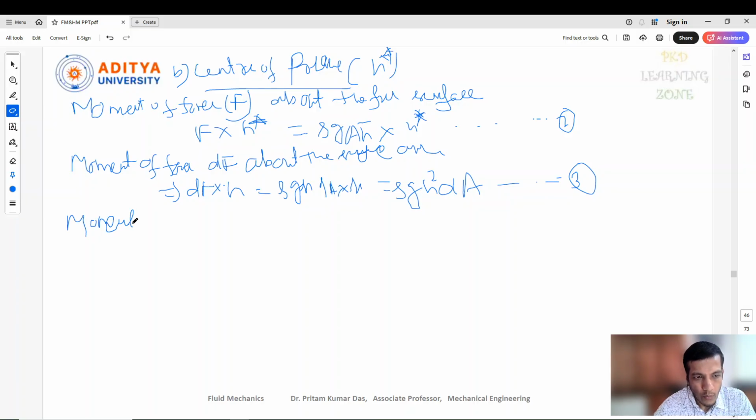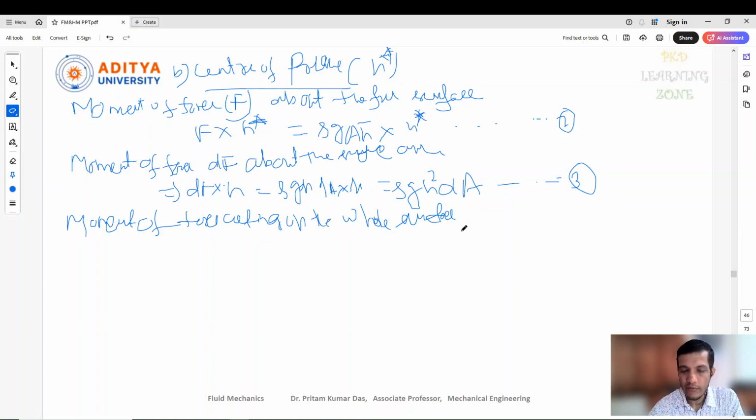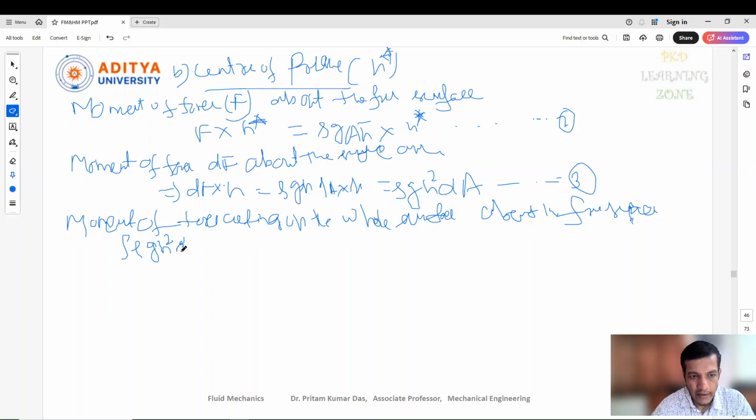Now the moment acting, we can write again one more point, the moment of force acting on the whole surface. Okay, this is individual what we have calculated, moment of force acting on the whole surface, what we can write about the free surface, we can write this one, that is integration of rho g h square dA.